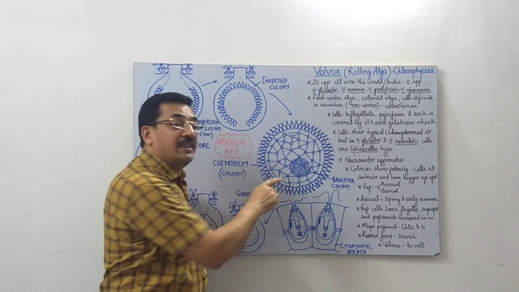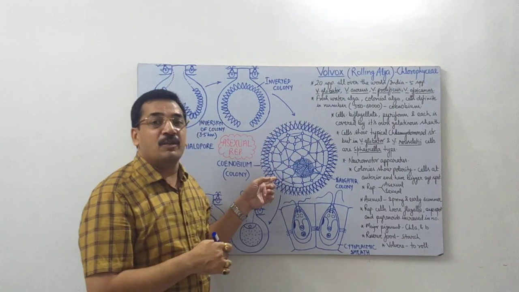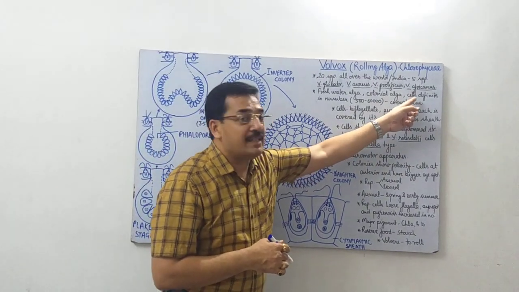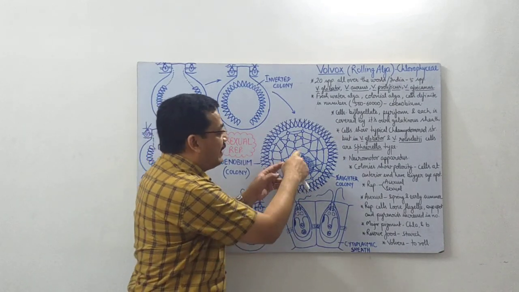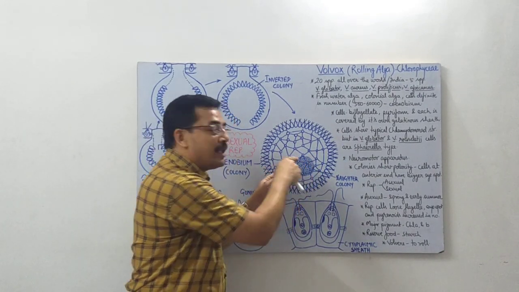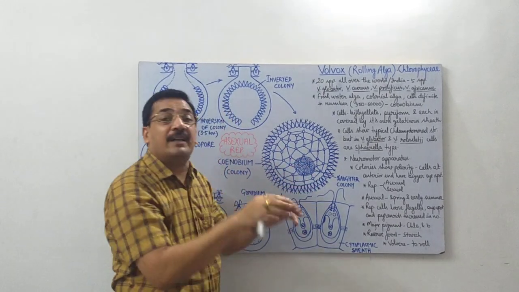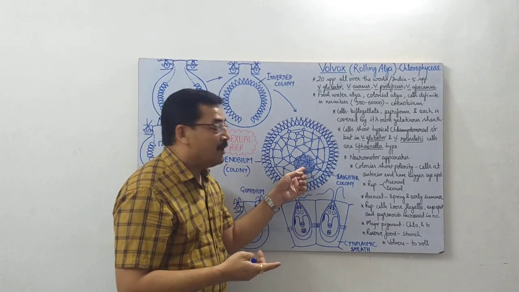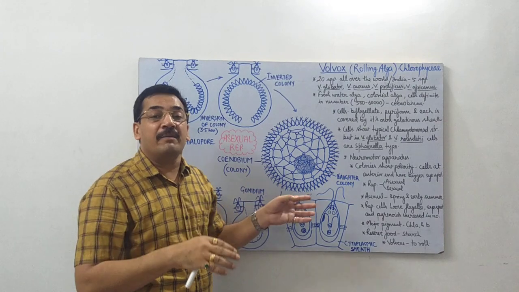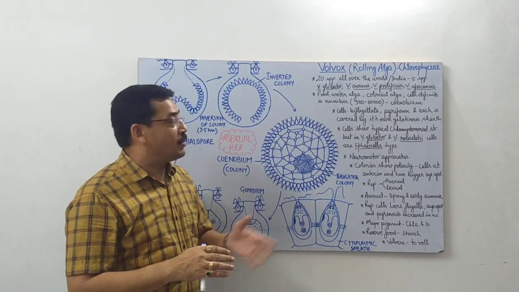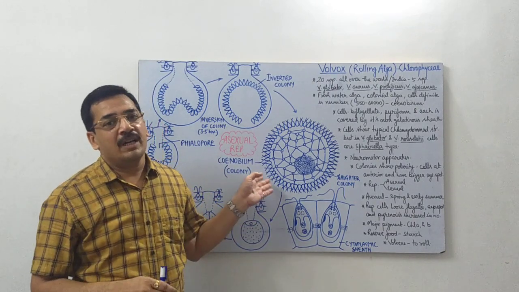Or not only one, there may be several daughter coenobia inside the parent coenobium. But in africanus, you can see a coenobium, and inside it a daughter coenobium, and inside the daughter coenobium further coenobia. That means 2 to 4 generations at a time in a single coenobium. So this is all about the asexual reproduction process in Volvox.